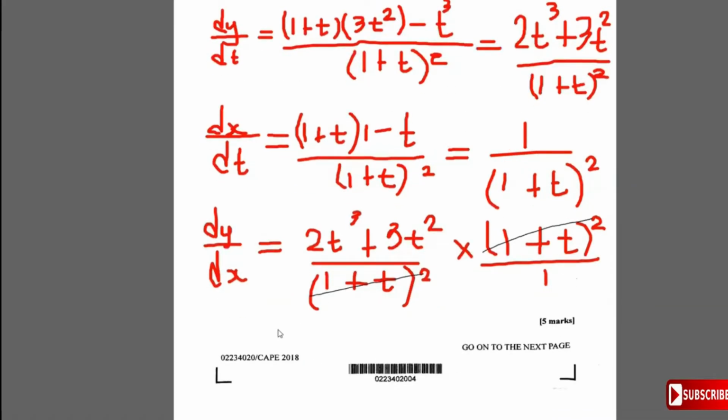And so now we're able to find dy by dx at a half, or rather, the gradient at that point.